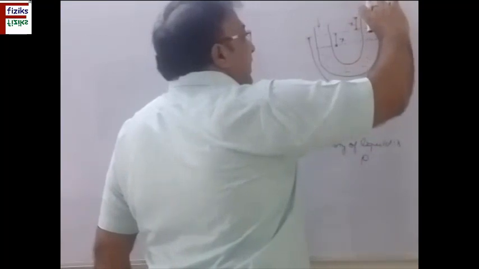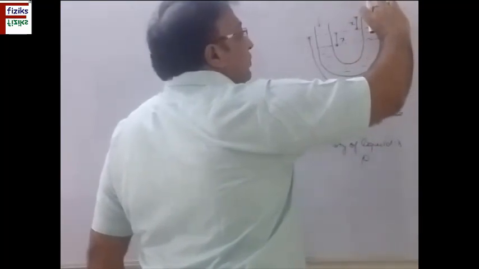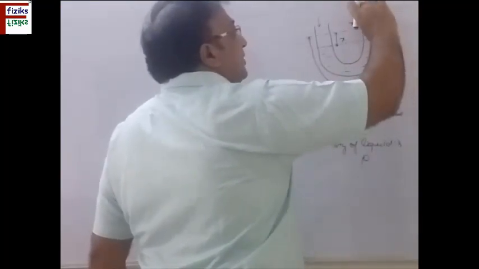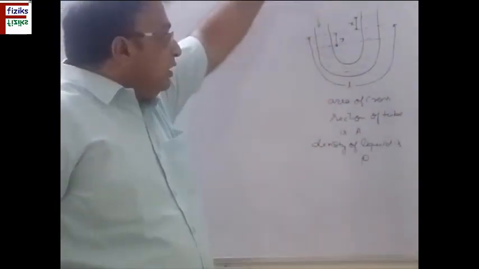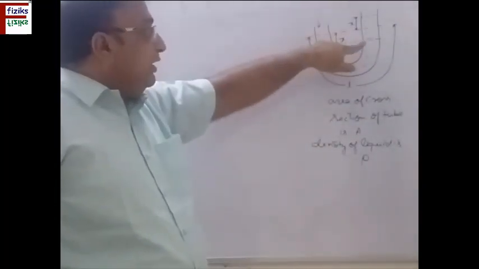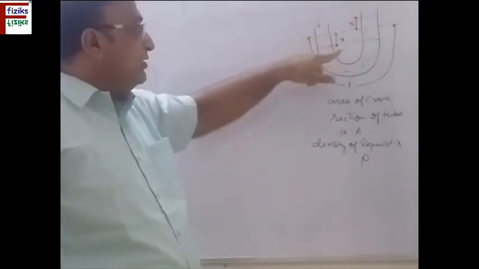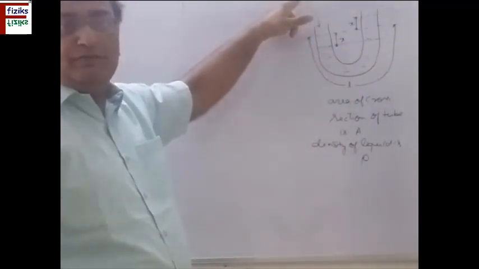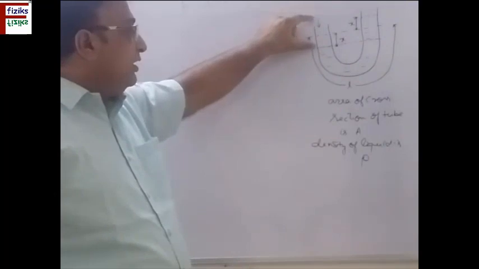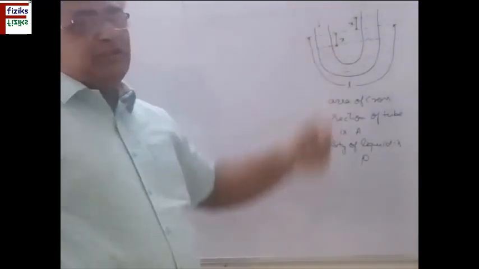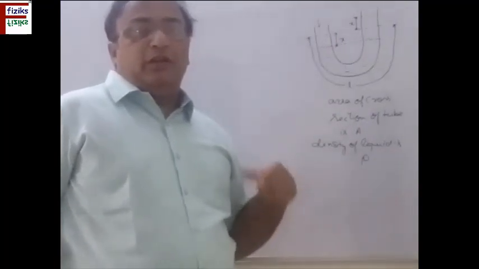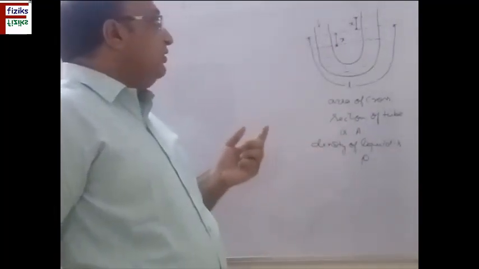Disturbing force is the weight of this column of liquid of height x plus x, which is equal to 2x. And this weight will push the liquid in the right column in downward direction. So similarly, it will rise here, and then again here it will be x, x, 2x, it will push it down. So this will keep on going in continuation.